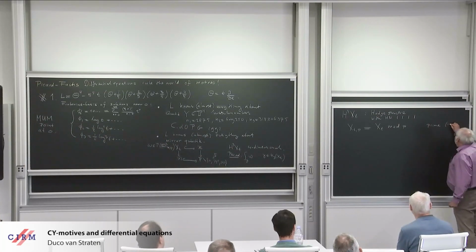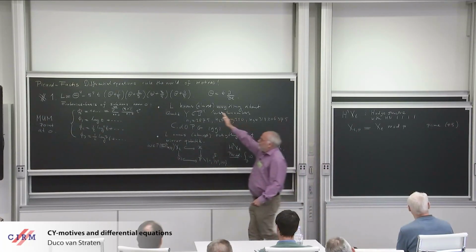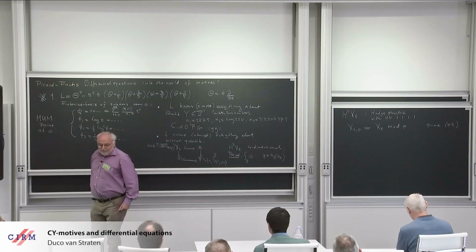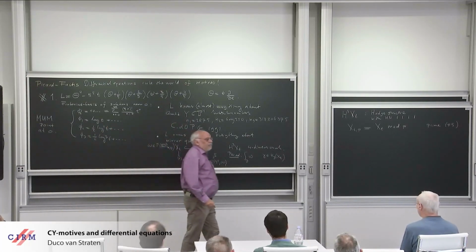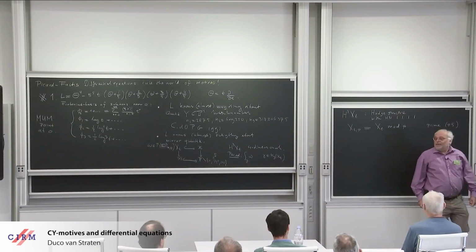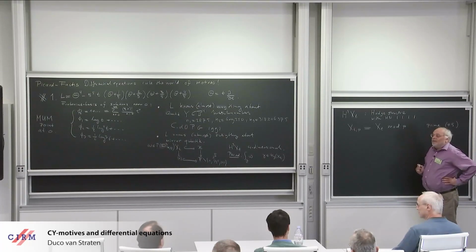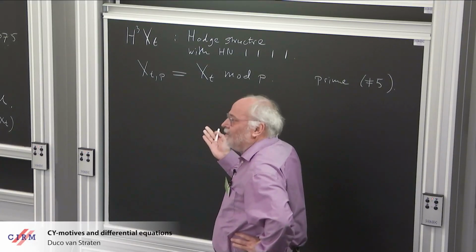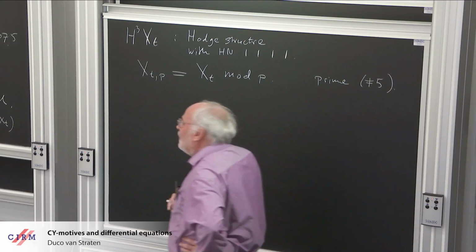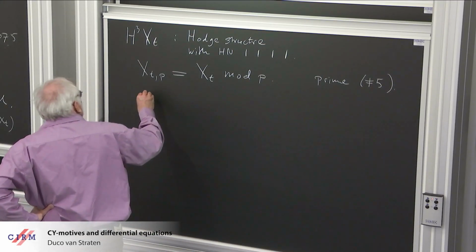And for this specific example, the prime 5 is, of course, notorious. This is appearing everywhere. This is a prime of bad reduction for all the fibers in this family. So we want to exclude that. But assume that t and p are such that this is smooth.